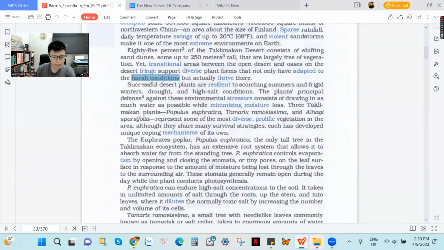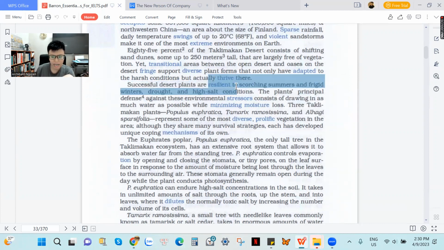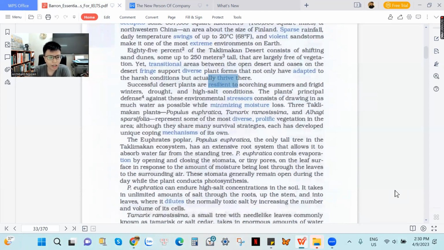Next paragraph. Successful desert plants are resilient to scorching summers and frigid winters, drought, and high salt conditions. First of all, resilient. Love this word, guys. When you say you are resilient to something, it means you can adapt to those kinds of environments very quickly.